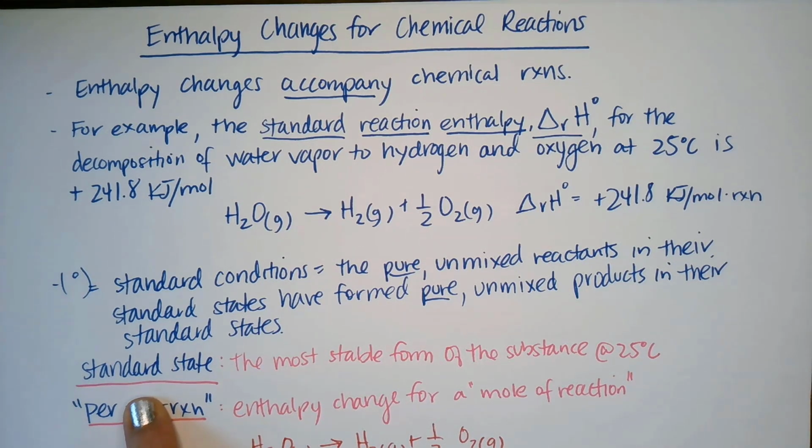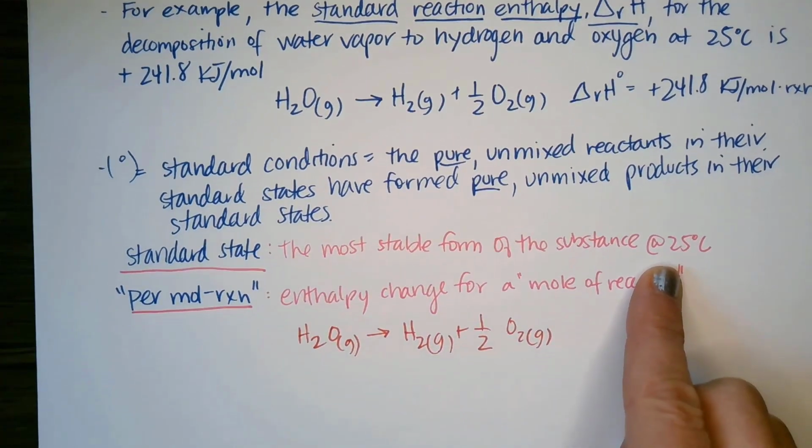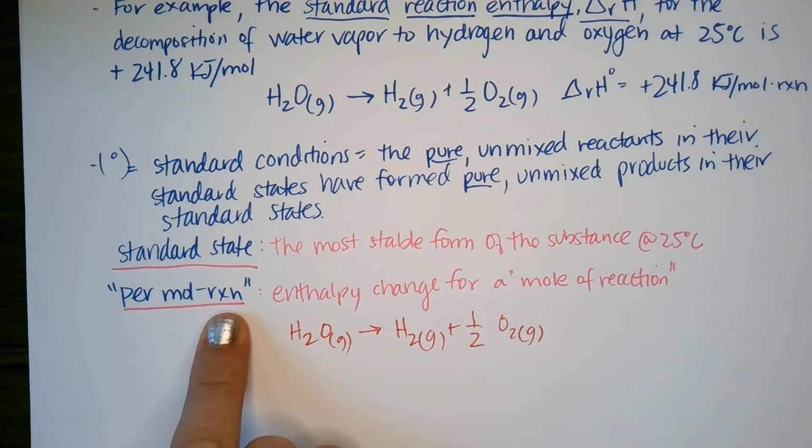The standard state of an element or a compound is defined as the most stable form of the substance in the physical state that exists at a pressure of 1 bar and at a specified temperature. For most sources, this temperature is 25 degrees Celsius or 298 Kelvin.